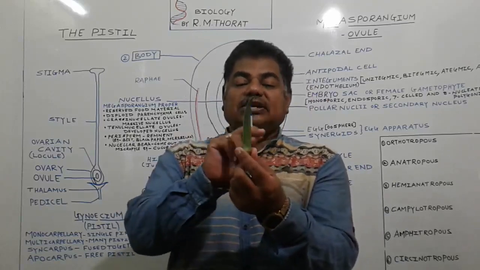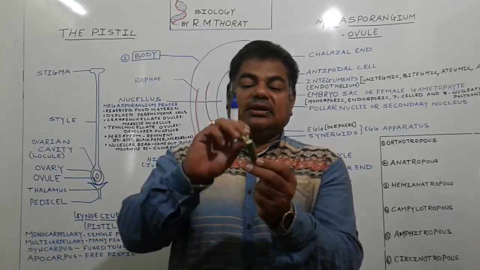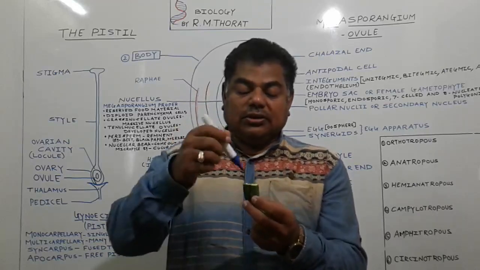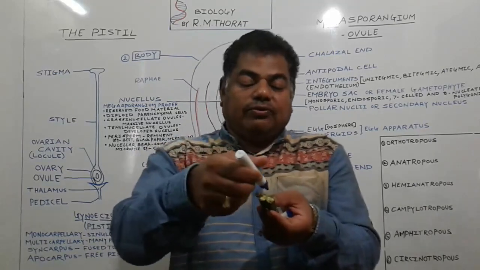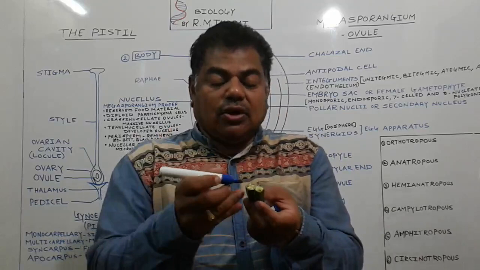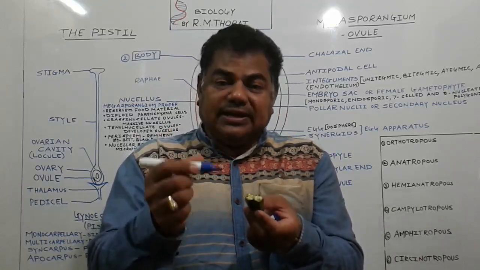If you take a section of these bhendi like this, inside it shows 1, 2, 3, 4, 5 locules, and in each locule there is a white structure. This structure is nothing but a seed.